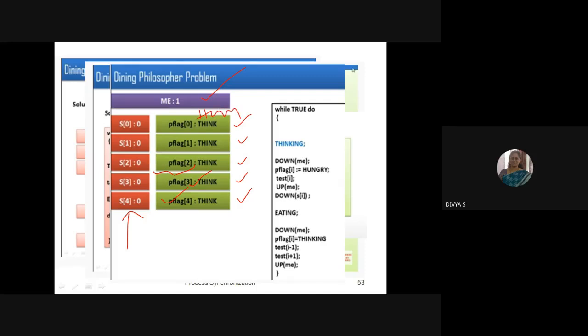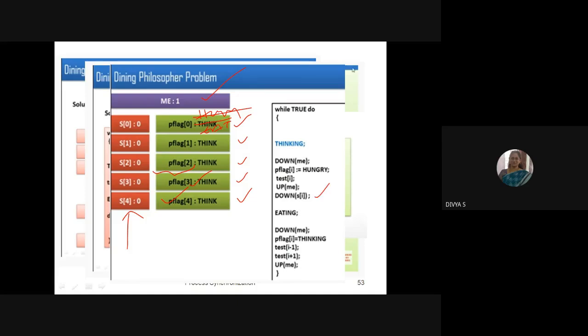If they are fast enough in thinking, then think will override the hungry word, then the think word will appear. And if he is fast in eating, then the eat word will appear over think. In this flow, the philosophers one after the other start picking the chopsticks and eat, and if they are done, they simply put them down.